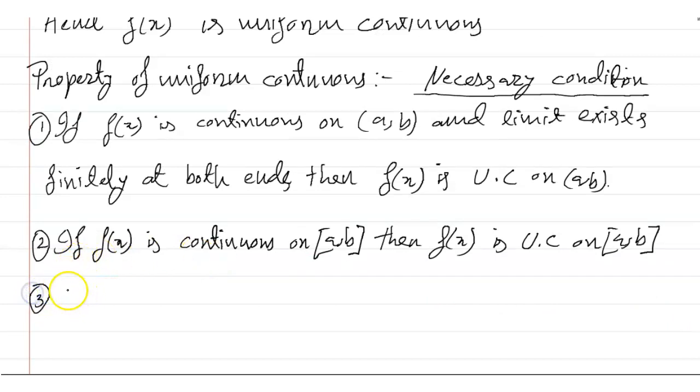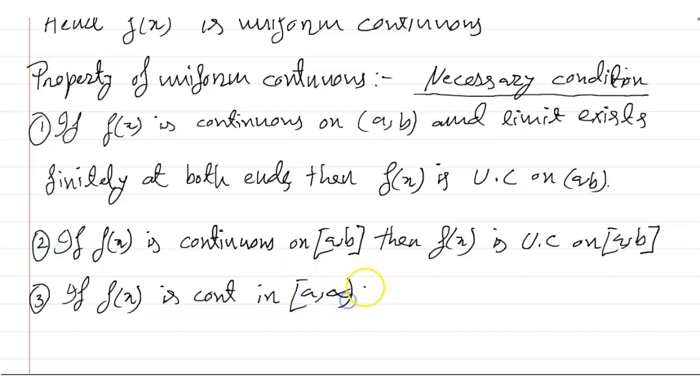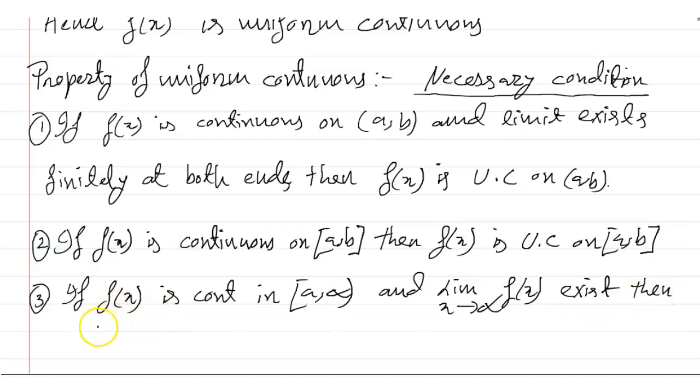Number three, if f(x) is continuous on [a, infinity) and the limit as x tends to infinity of f(x) exists, then f(x) is UC, uniformly continuous, on [a, infinity).